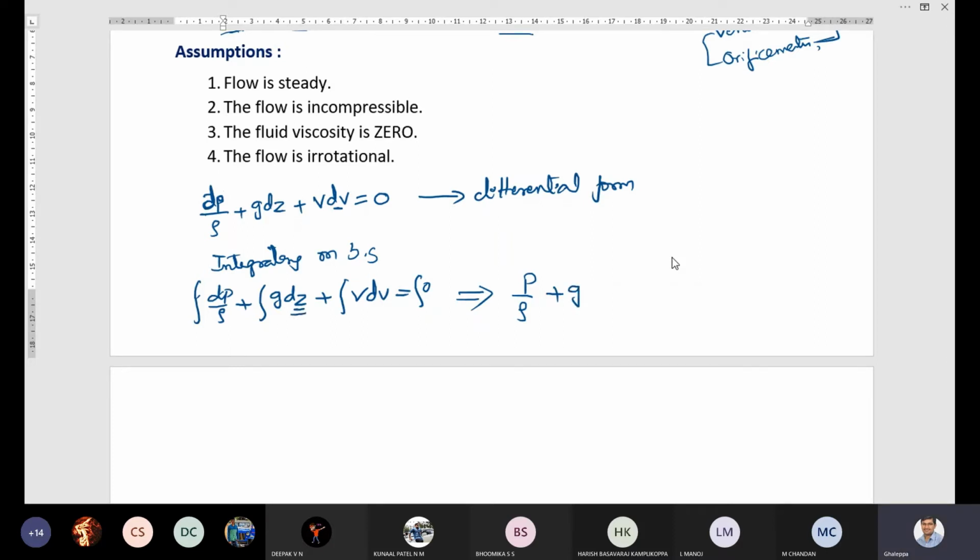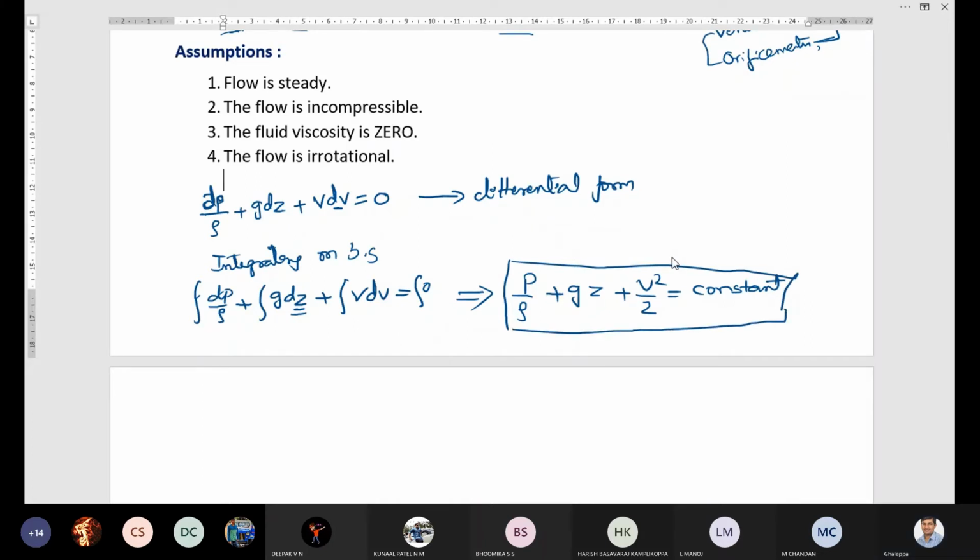The integration of dz is z, plus the integration of V dV is V square divided by 2, is equal to some constant value. This equation is called Bernoulli's equation.